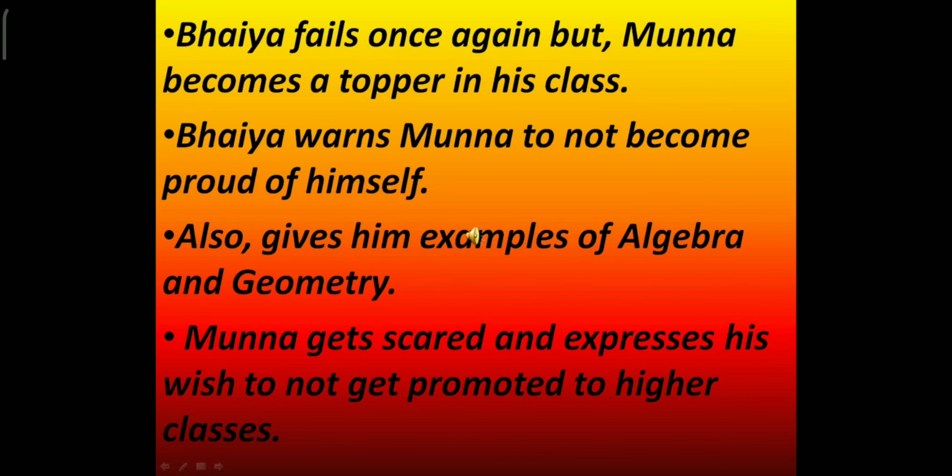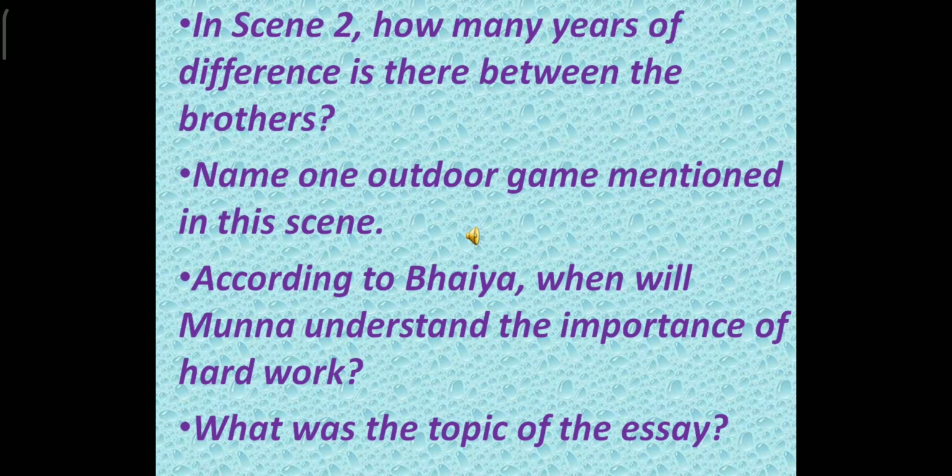Now let us have a look at some questions that have come up in the part of the text that we have discussed in today's video. Okay, so the first question is, in scene 2, how many years of difference is there between the two brothers? Number 2, name one outdoor game mentioned in this particular scene.